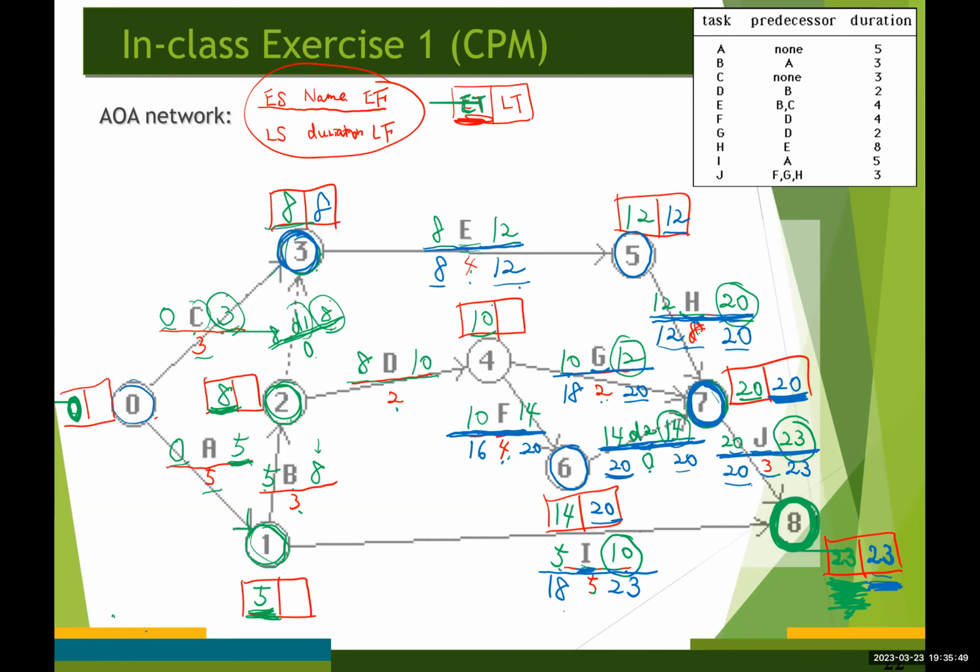Likewise, we need to determine the latest time for event number 4. And this time, we are going to take the smaller value between these two numbers, 16 and 18, right? So that's going to be 16.